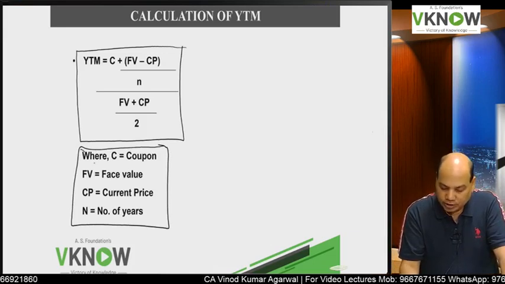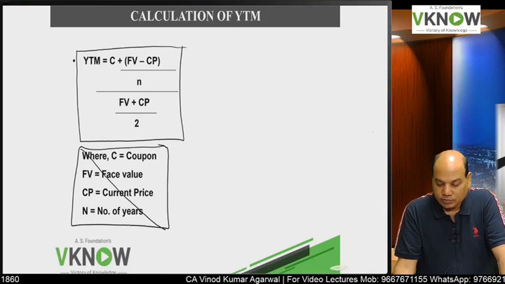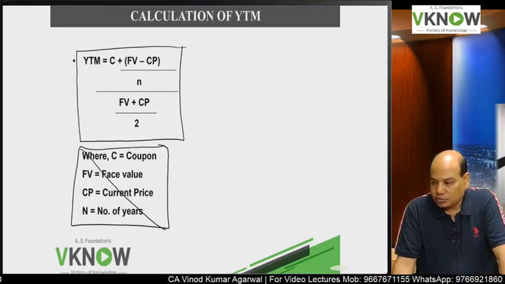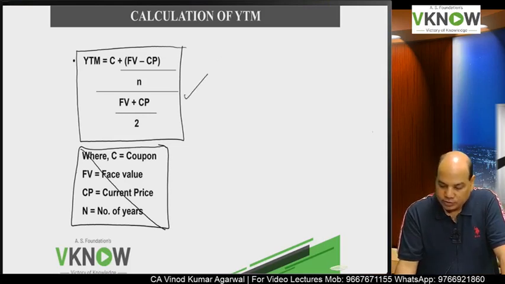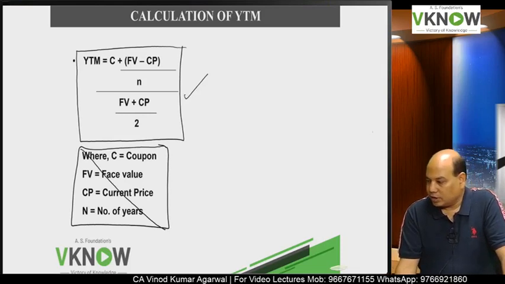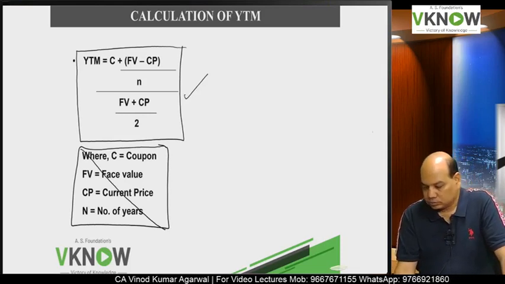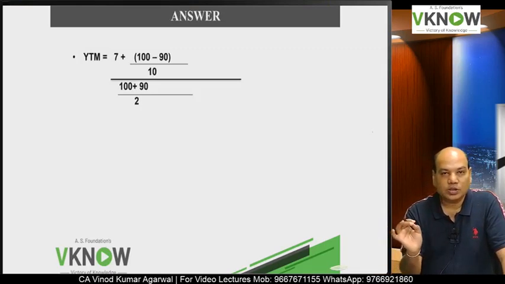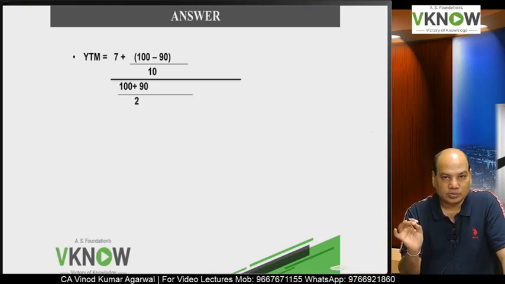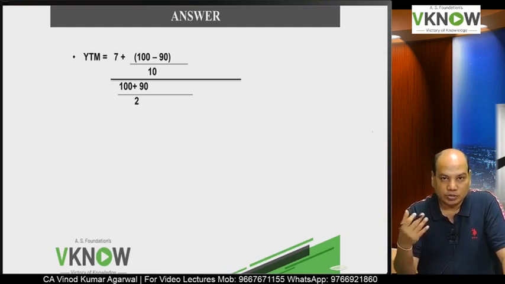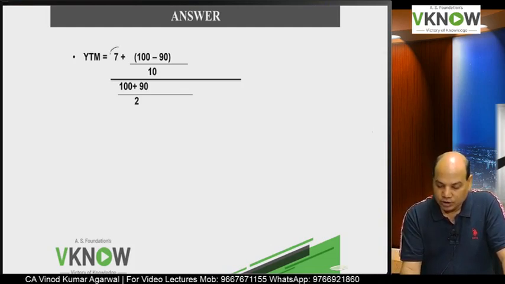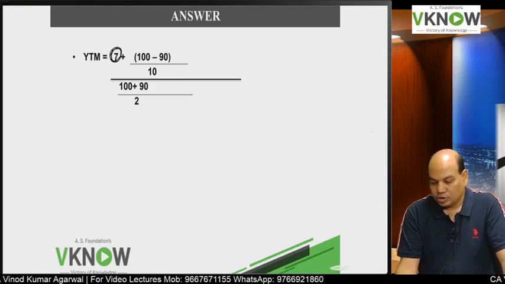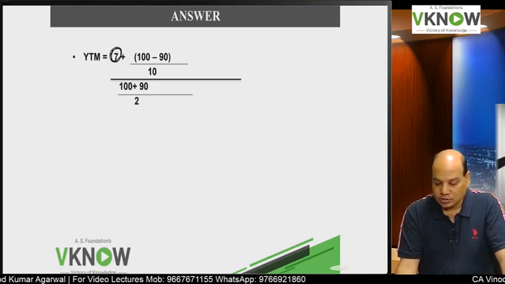Today we will not write in the notebook. We don't have so much time. We have already understood. So only write the formula first. After writing the formula, put the numbers. First we'll do the calculation for semi-annual bond. Then multiply by 2. So if the coupon rate is 14% per annum, it will be 7% for 6 months.